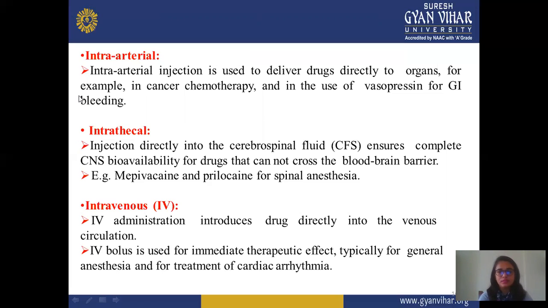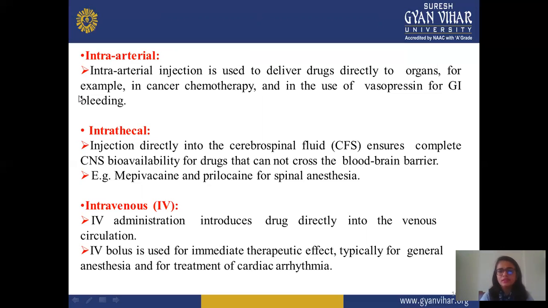Examples are baclofen and pilocarpine, and spinal anesthesia. And next is intravenous. In intravenous administration, the drug is introduced directly into the venous circulation. IV bolus is used for immediate therapeutic effect, typically for general anesthesia and treatment of cardiac arrhythmia.